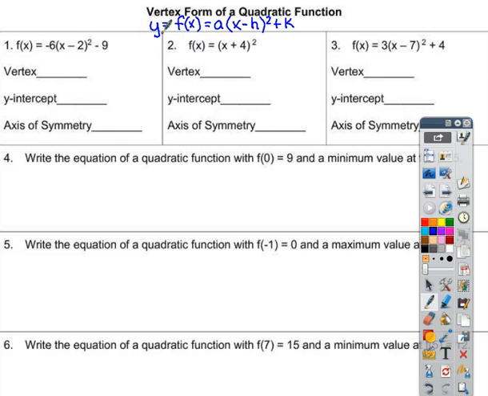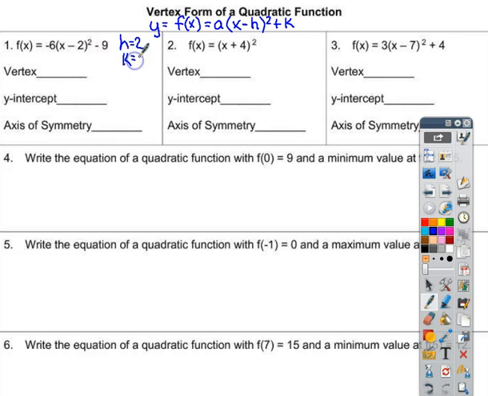Now all we have to do to solve these problems is look at the equation that's given. For example, on problem number 1, a is equal to negative 6, h is equal to 2. It's not negative 2, because we're subtracting h, so we're subtracting a positive 2. k is equal to negative 9, though.